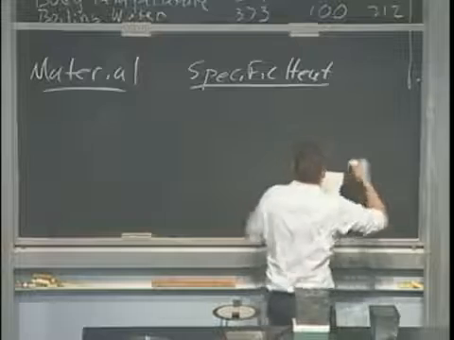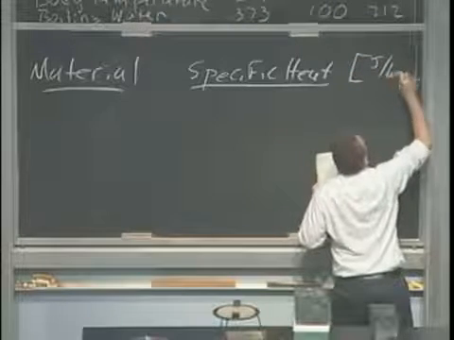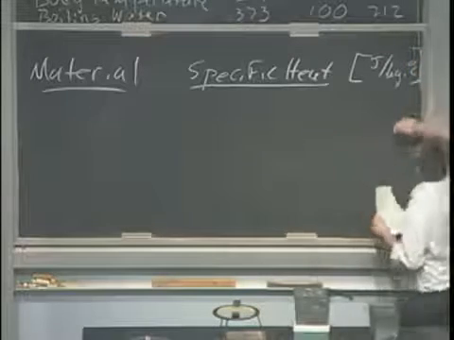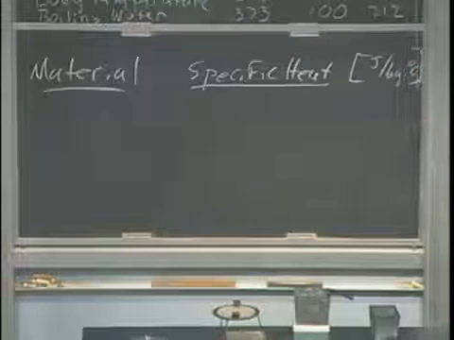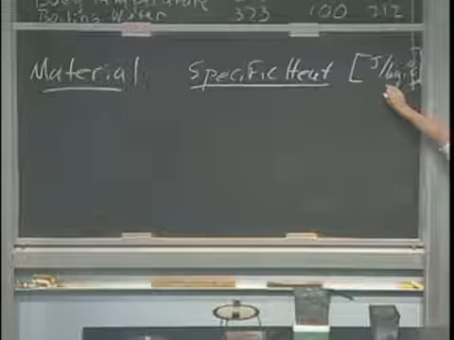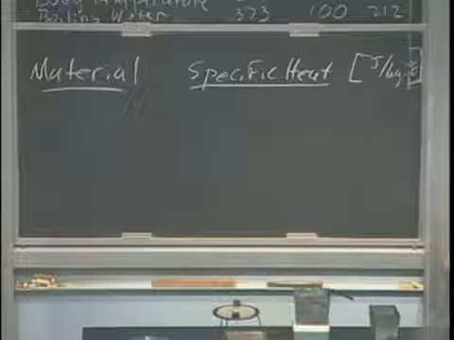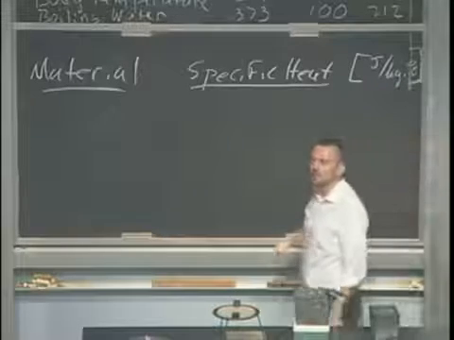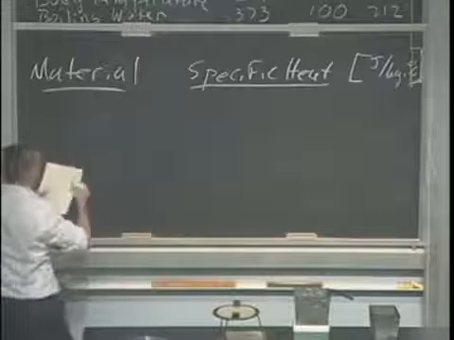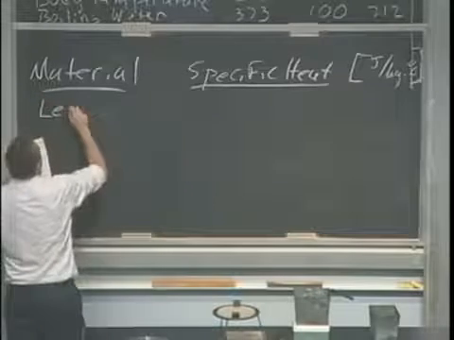Okay, so for this table, I'm going to use the standard metric unit of joules per kilogram per degree Celsius, but I don't want you to even worry about these units at all. I really want you just to see how much the heat capacity can vary between different types of materials. And that just happens to be the units that we're writing this in.